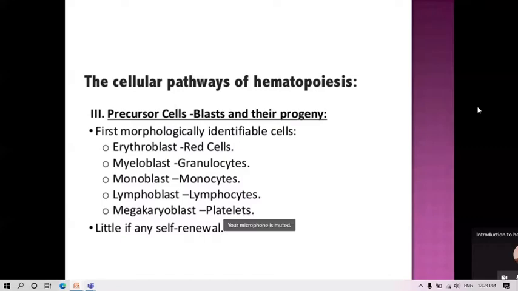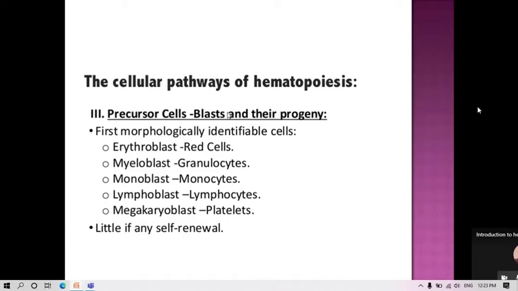Further, they divide into precursor cells, blast and progeny. These are the cells which we are able to see in the bone marrow. When we take out the bone marrow sample of a patient from the posterior superior iliac spine and make a smear of it, we are able to see these cells.